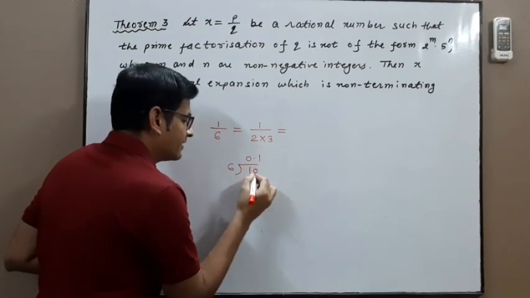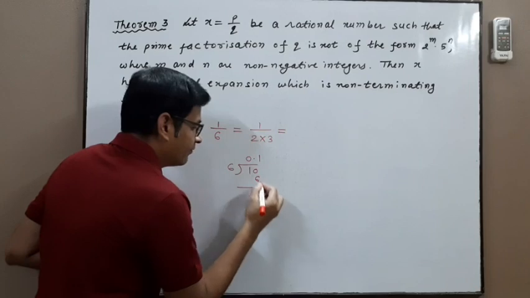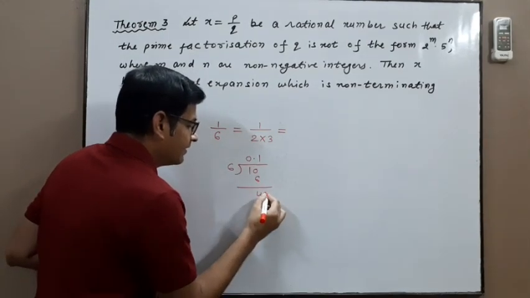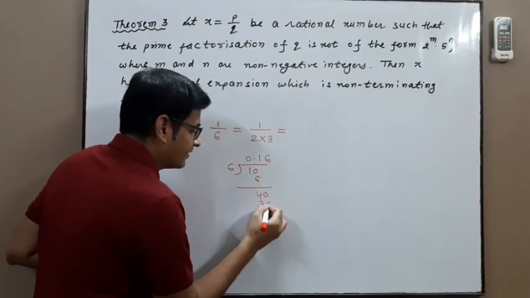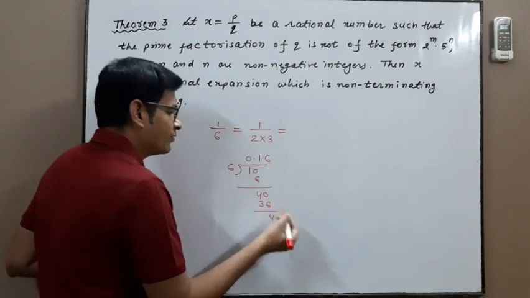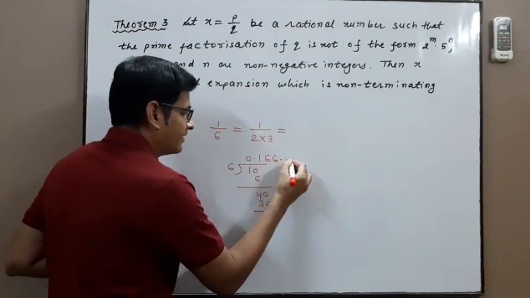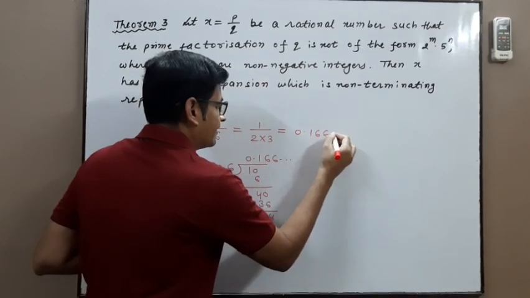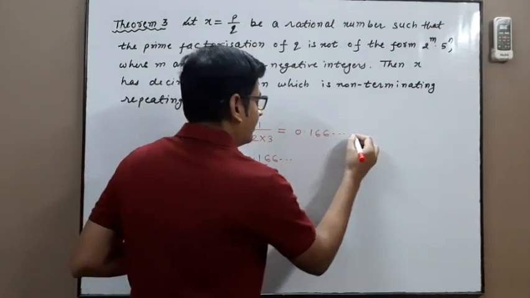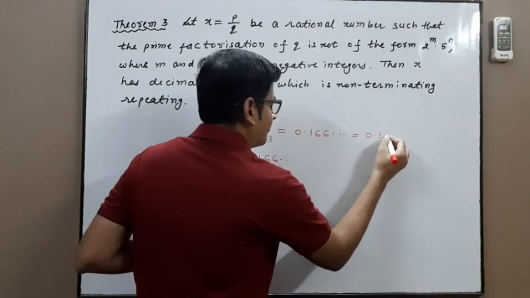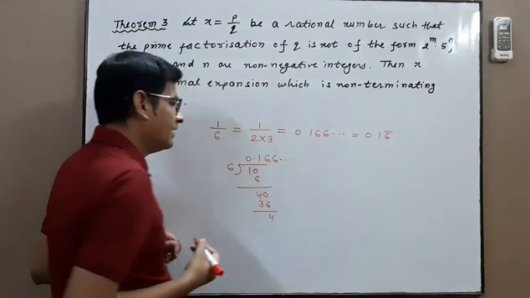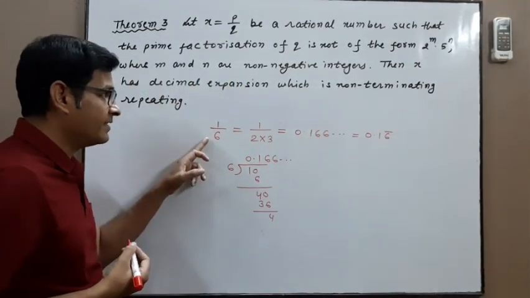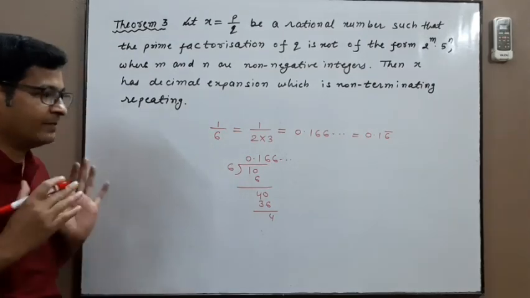So 6 1s are 6. Now we get 4. Again divide. 6 6s are 36. Again write 4 and so on. So 1 by 6 is equal to 0.166..., which can be written as 0.16 with a bar over the 6. So clearly the decimal expansion of 1 by 6 is non-terminating repeating.